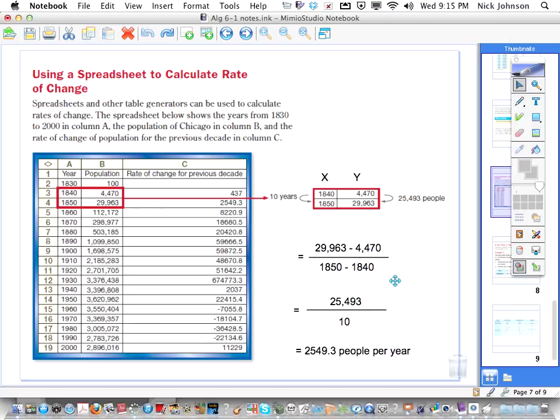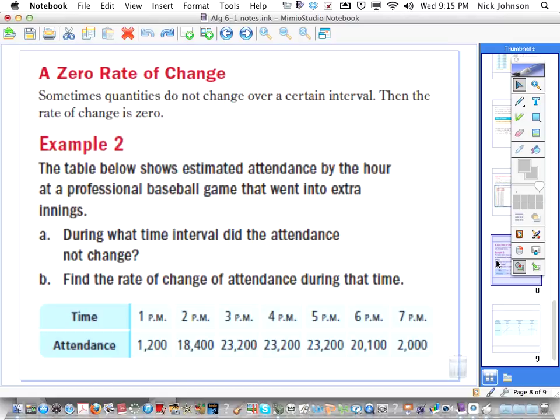When we divide that by 10, we get 2,549.3 people per year. Okay? That means from 1840 to 1850, the city of Chicago gained 2,549 people per year.